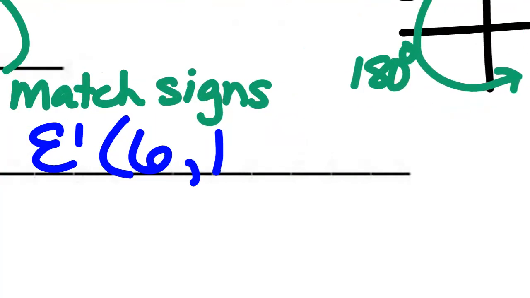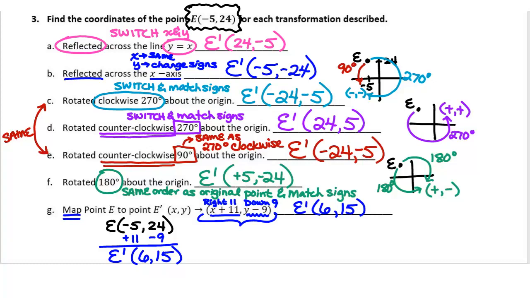Two very different numbers. The only other time I can get two very different numbers like that by doing something other than a translation is when I'm reflecting over a y equals a number or an x equals a number.